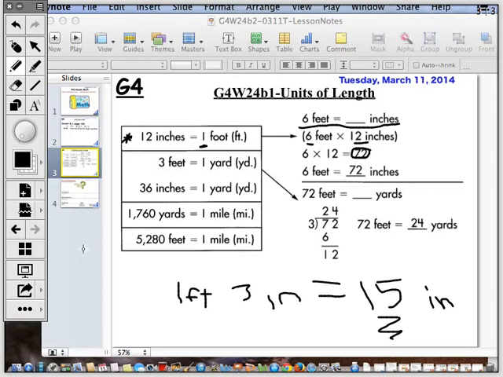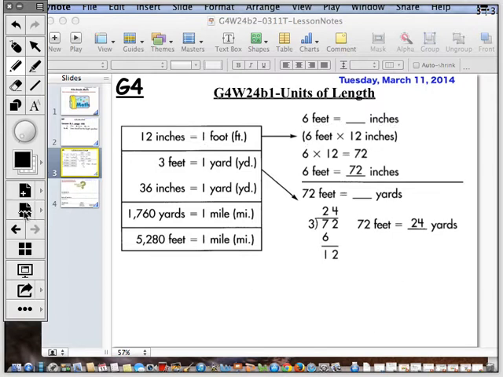So now we're going to go backwards. We're going to go the other way. So this one is asking, well, there we have 72 feet. How many yards does that make? 72 feet, how many yards does that make? Well, we know that 1 yard equals 3 feet.